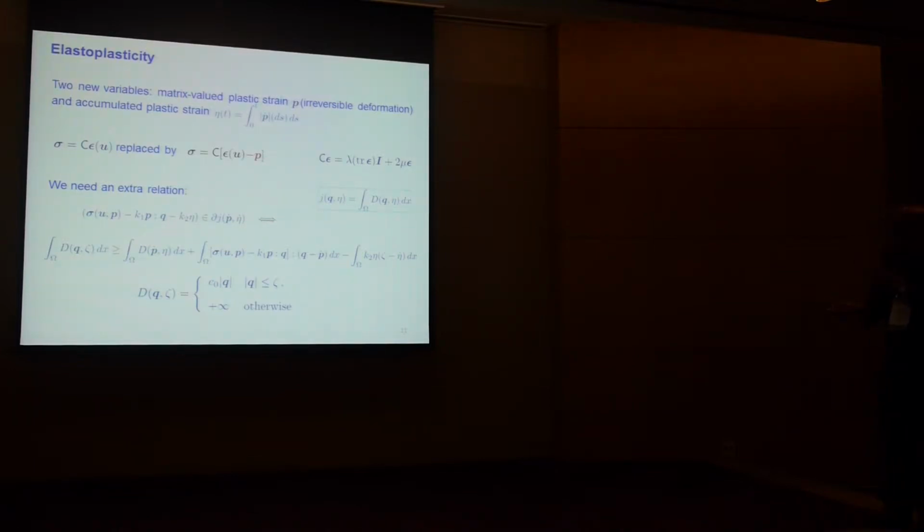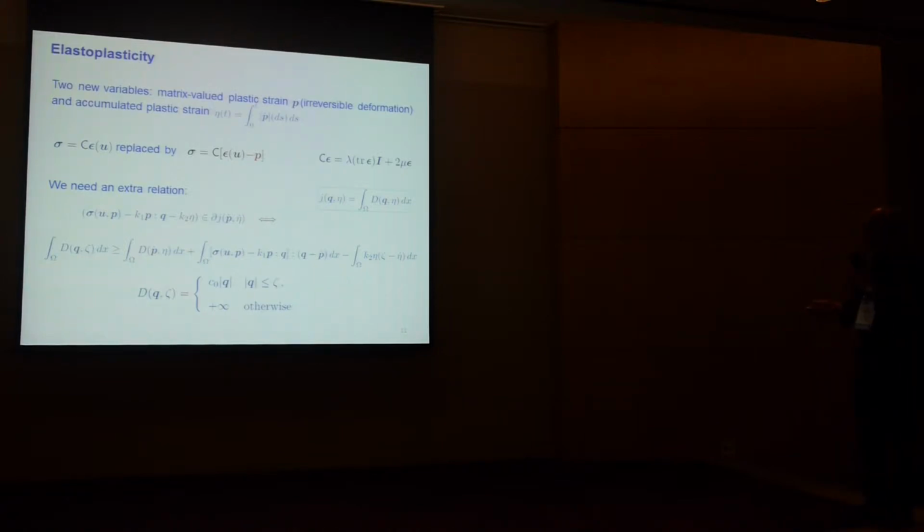I have a function here which is not differentiable at the origin. It might look rather strange in that it depends on both these variables, the plastic strain and the accumulated quantity, and it's plus infinity if mod Q is greater than sigma, otherwise mod of Q, which again is a cone.